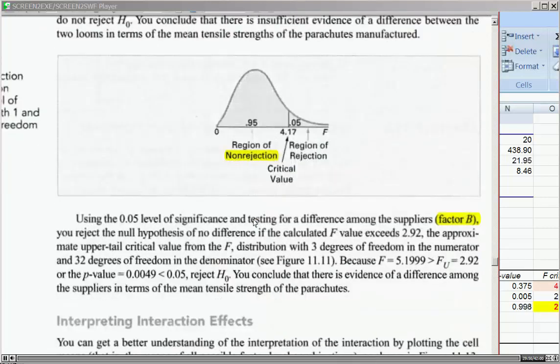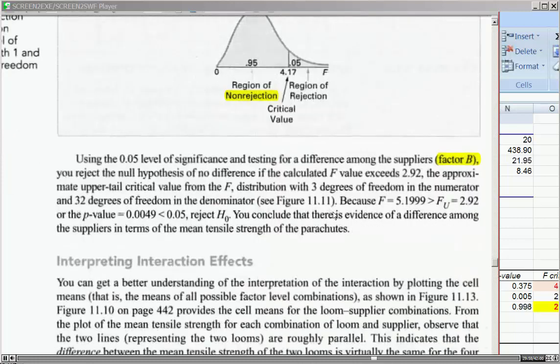It's on the previous page. Because F, the calculated value, is 5.19, practically 5.2, is greater than 2.92, or the p-value is 0.0049, something like this, reject the null.